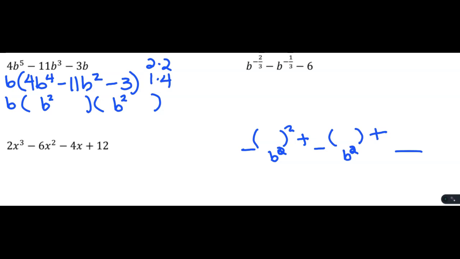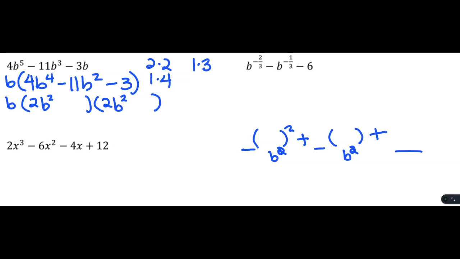With that negative 11 in the middle, that's not real big, so maybe a 2 times 2 is looking promising. And then for the last two spots in those parentheses, I need factors of negative 3. So that's going to be 1 and 3. And we get a positive and a negative out of that.